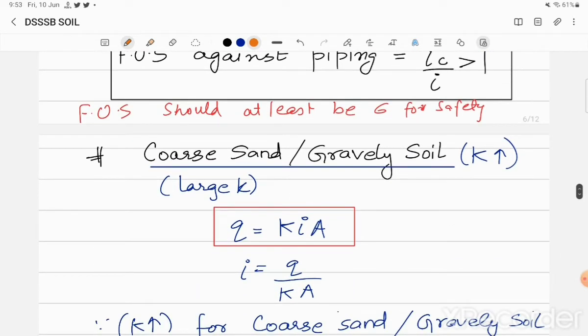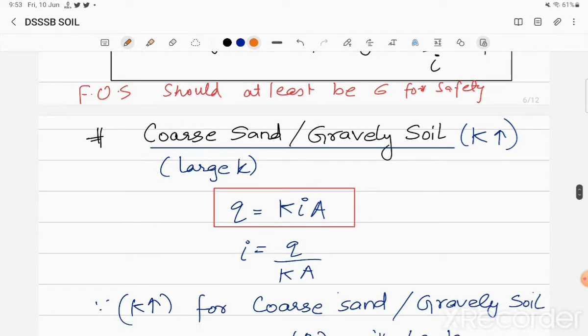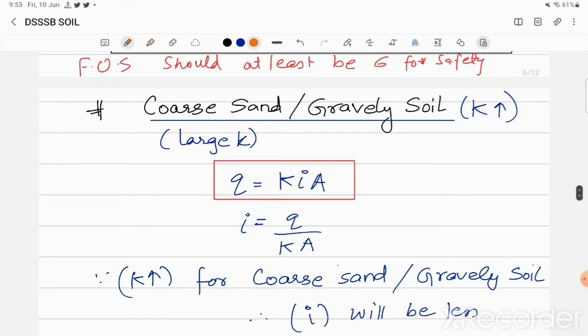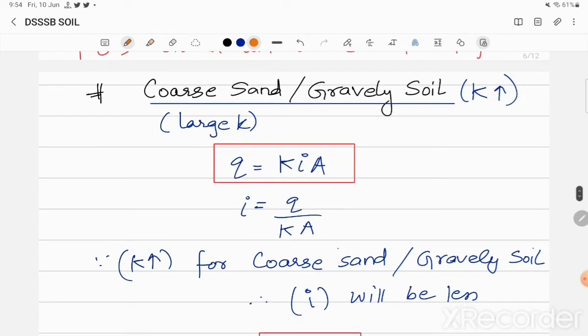Let us see what happens in coarse sand and gravelly soil. For coarse sand and gravelly soil, the coefficient of permeability K is generally large, high. So from Darcy's equation, we have Q, the discharge, equals k i A. i can be written as Q by kA. Now since k is high, i will be less.